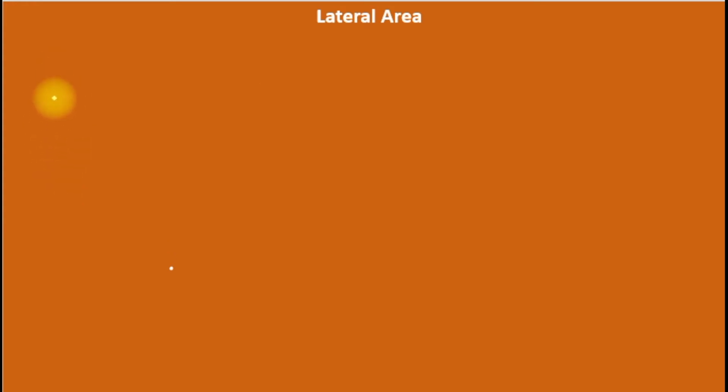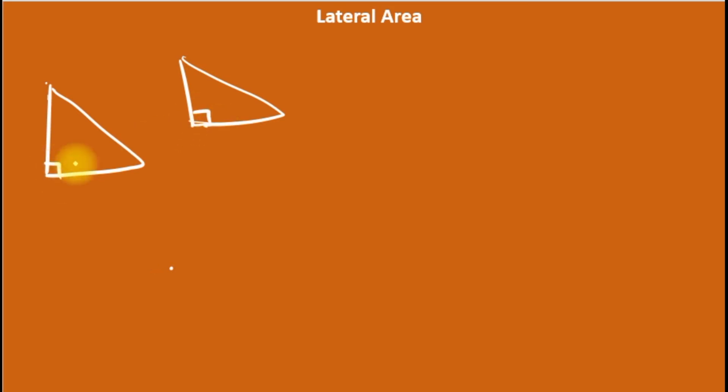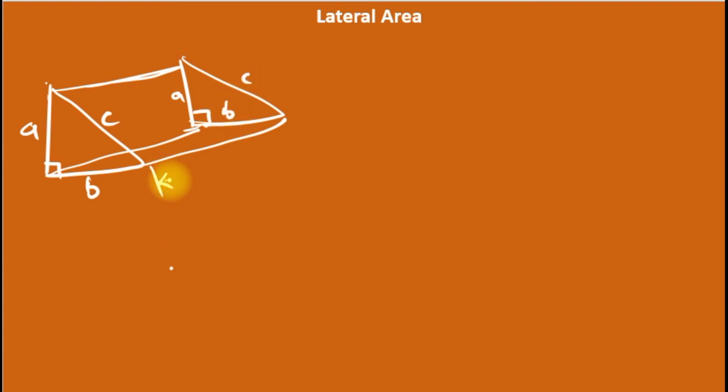Assuming you have maybe a triangular prism. My drawing is not that good. So maybe let's name A, B, C as the sides of the base. And this is the perpendicular height. So I want to get an important formula here.